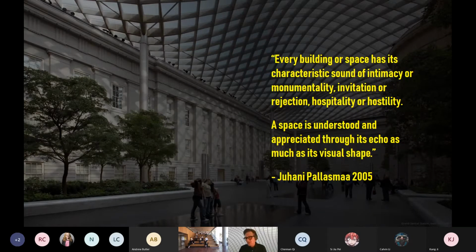Juhani Pallasmaa, in his book Eyes of the Skin, writes that every building or space has its characteristic sound of intimacy or monumentality, invitation or rejection, hospitality or hostility. A space is understood and appreciated through its echo as much as its visual shape.